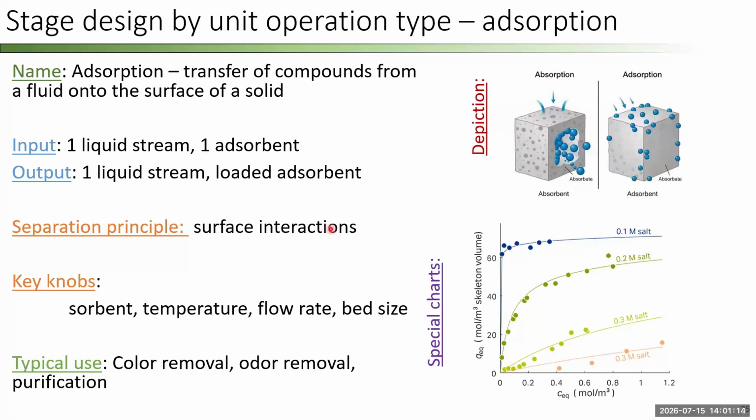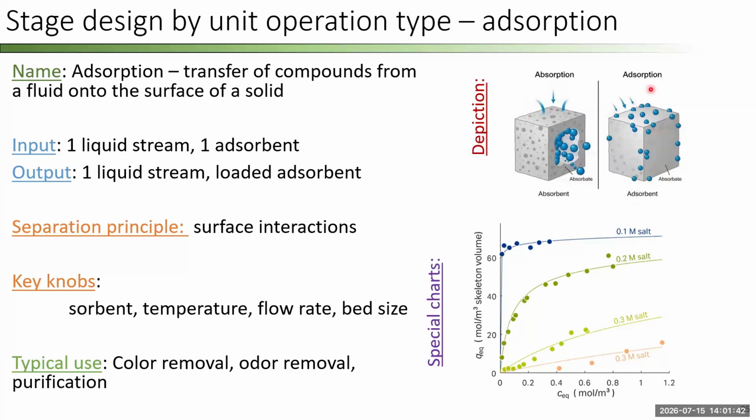Let's switch gears out of the solvent extraction concepts and into more physical processes. One of the last things I want to talk about is adsorption. Notice that I'm saying adsorption with a D rather than absorption with a B. Adsorption is the transfer of compounds from a fluid onto the surface of a solid.